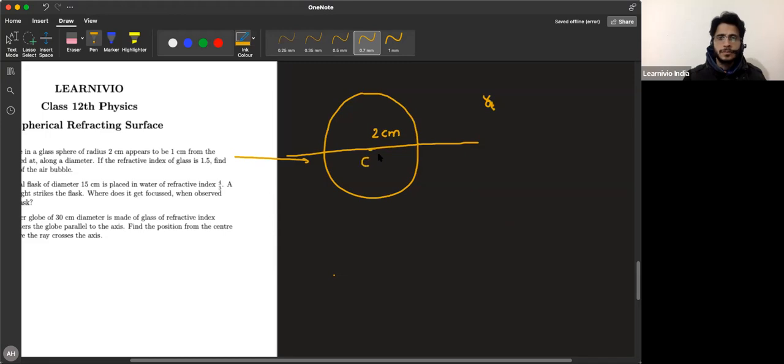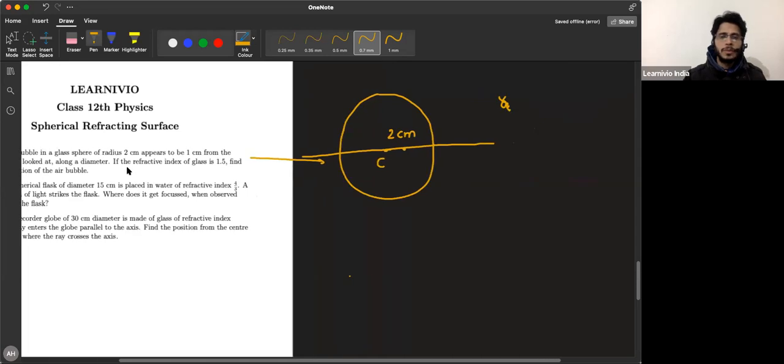This is the center, and this is the small air bubble. This appears at 1 centimeter from the surface. So the air bubble appears at this point, which means this is the image of the air bubble.